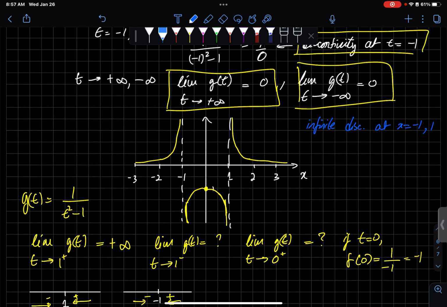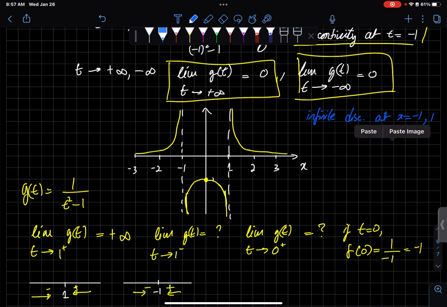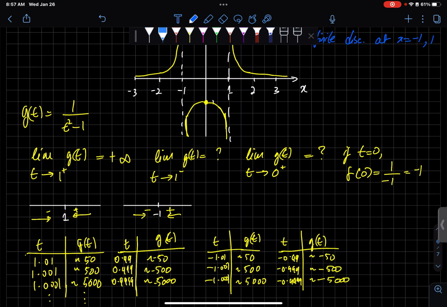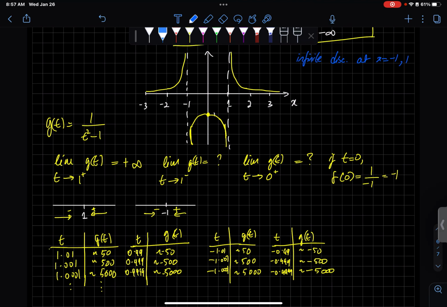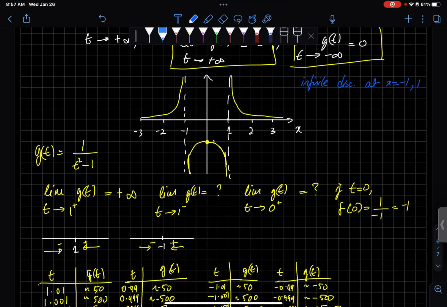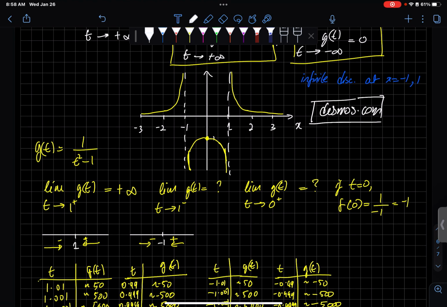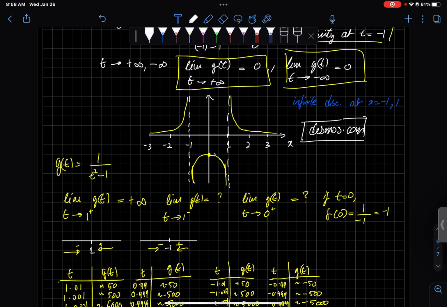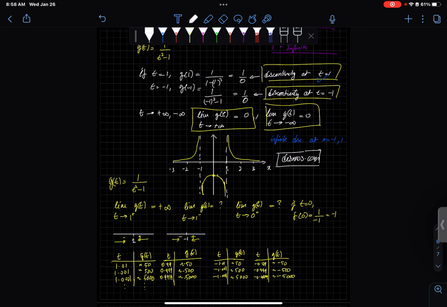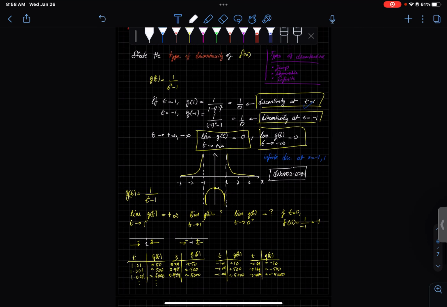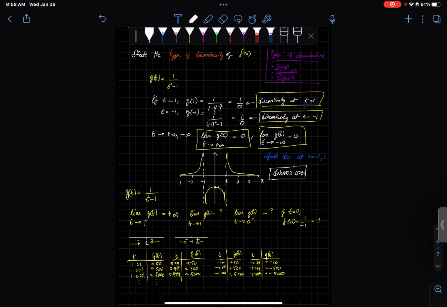At 0 it's continuous, but this is the general shape of that function. I encourage you to plot this out. Just go to desmos.com, as I said before, and use the graphing calculator. It's really helpful to get an intuitive feel of what some of these functions might look like. Okay, hope that was helpful.